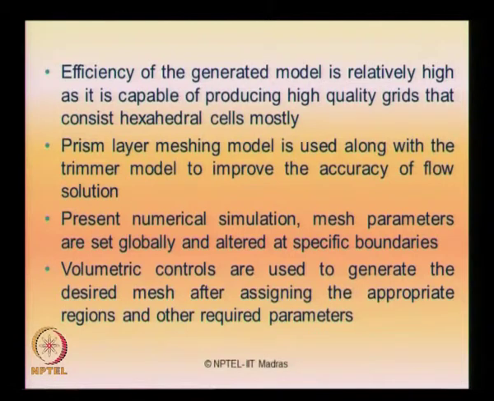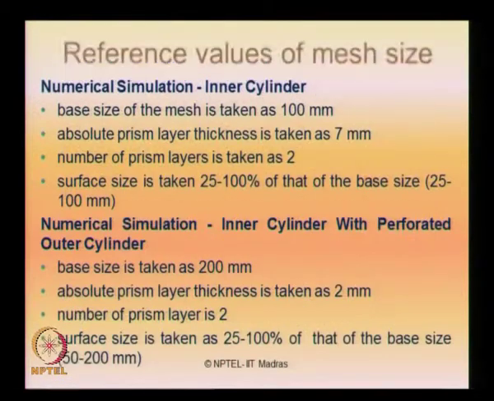The prism layer meshing model is used along with the trimmer model to improve the accuracy of the flow solution. In the present numerical simulation, the mesh parameters are set globally and altered at specific boundaries as desired. The volumetric controls are assigned to generate the desired mesh after assigning the appropriate regions and other required parameters.